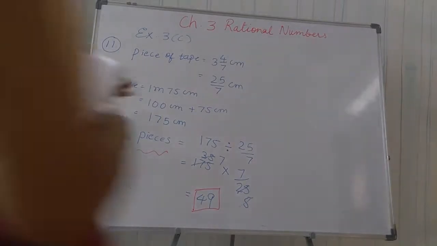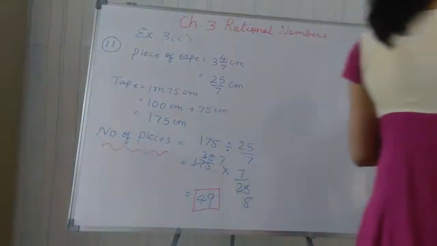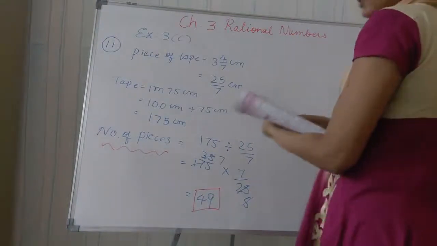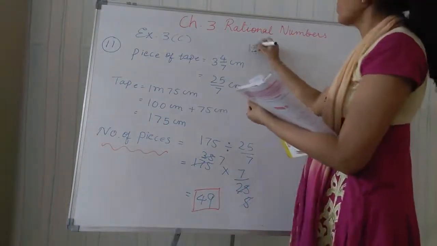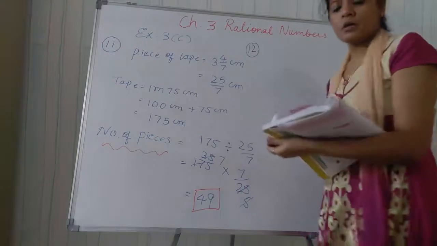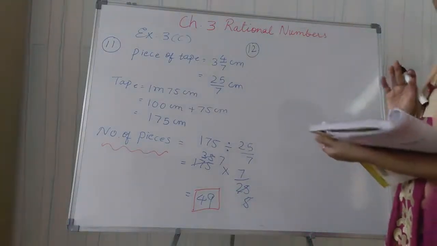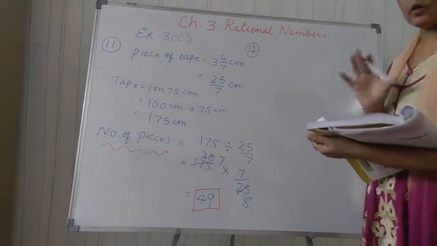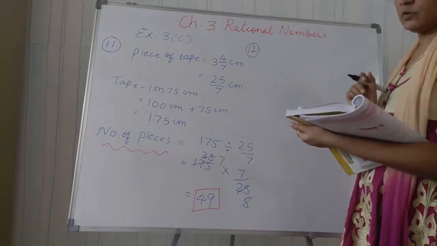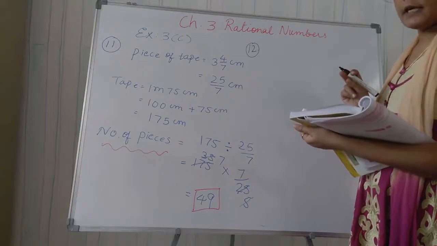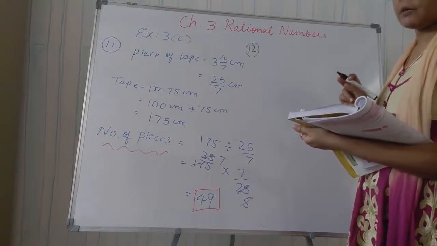Now let us continue with question number 12. So in question number 12, the cost of 5 integer 1 by 3 meters of cloth. So that is the length of the cloth in meters given. Okay, is rupees 85 integer 1 by 3.